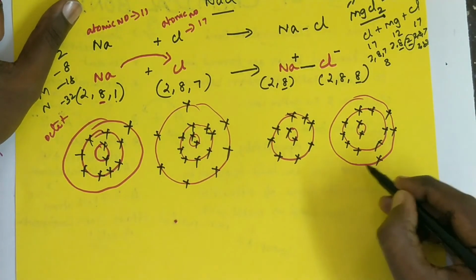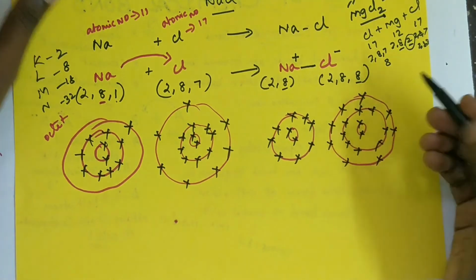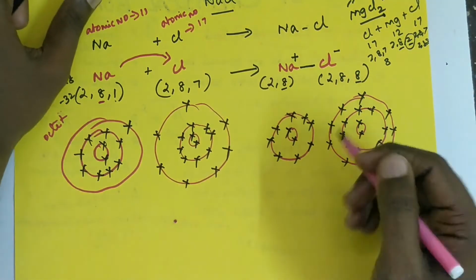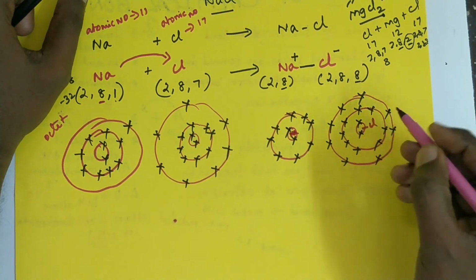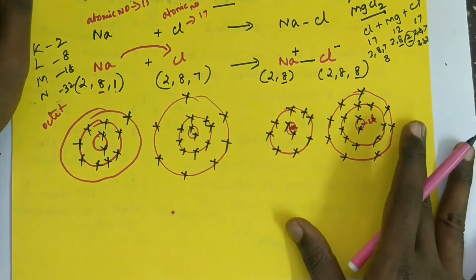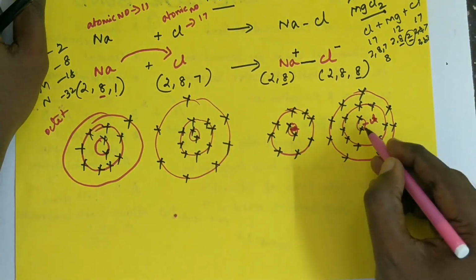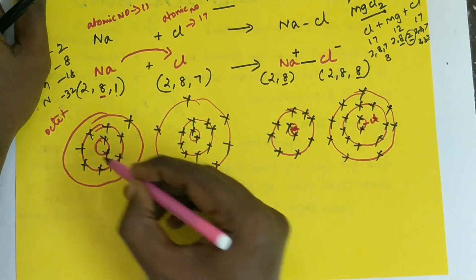In the middle you have to mention which atom it is: this is sodium, this is chlorine. If time permits, you write sodium and chlorine in the middle.